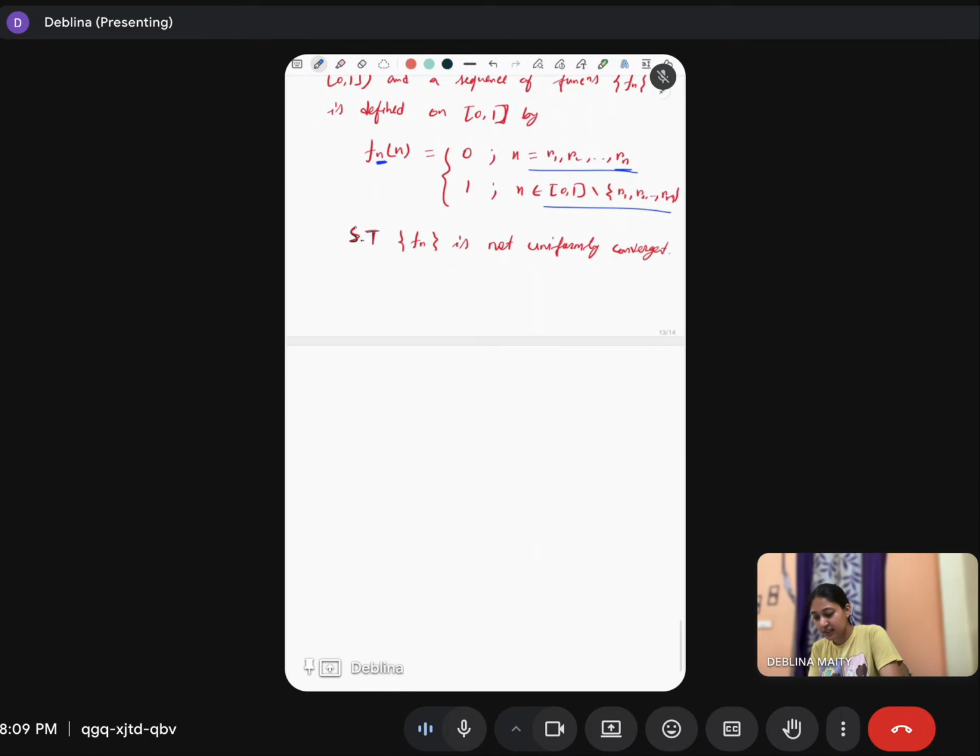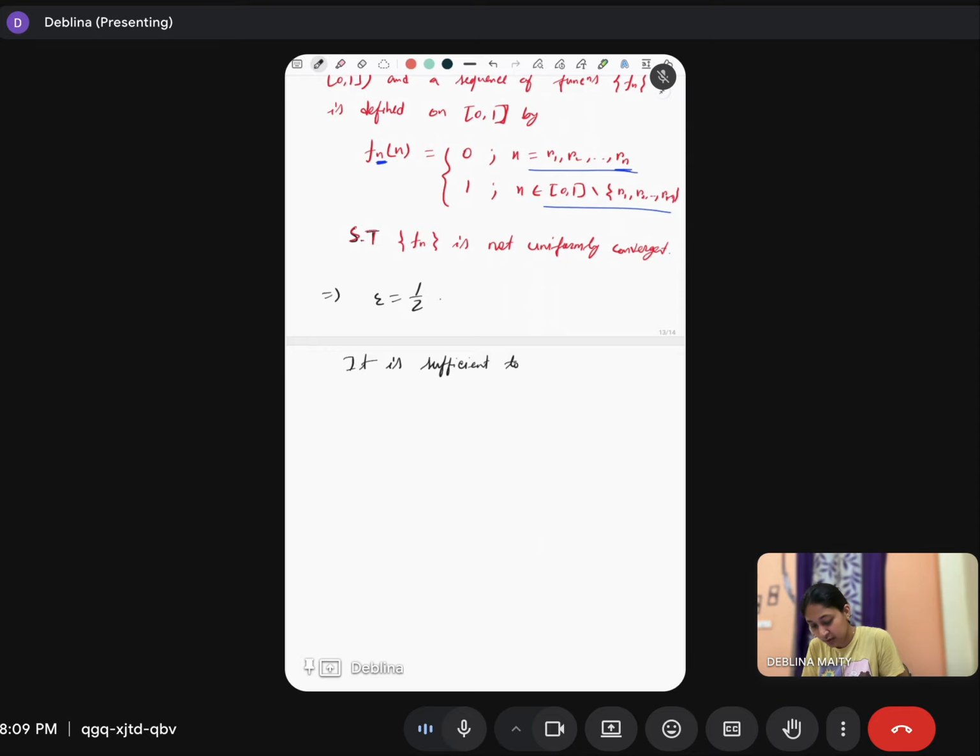So first we'll take epsilon to be half, right? Now the negation of this Cauchy criteria is what?